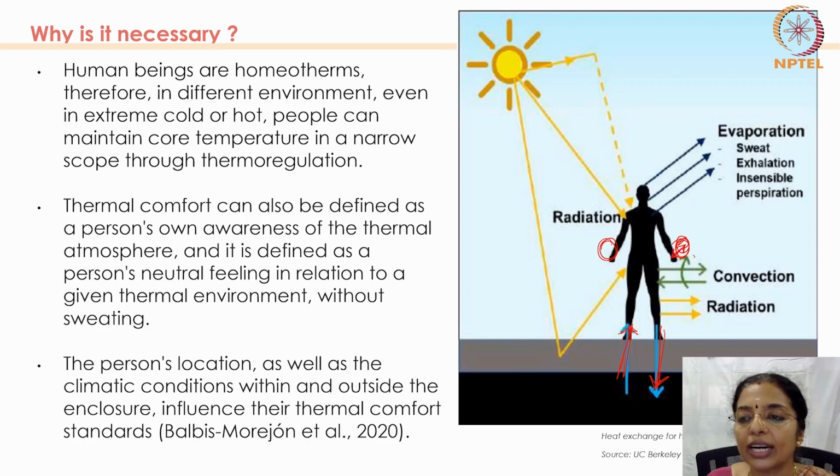Second is through convection. Convection is not necessarily through a solid medium. And third is radiation. Apart from this, sweat, exhalation and insensible perspiration through evaporation also happen with the atmosphere.